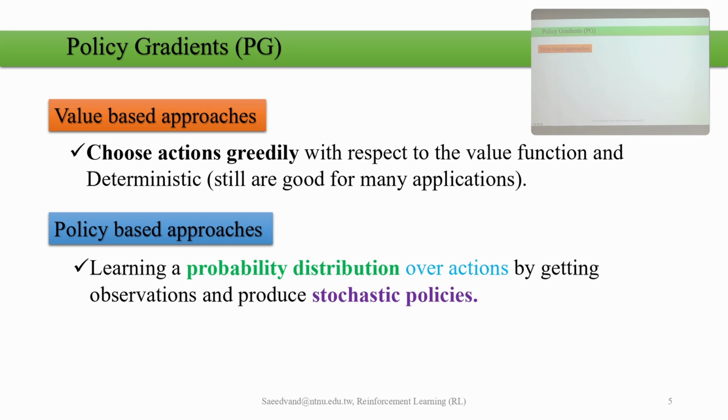So in value-based approaches, what we were doing was choosing actions greedily. We were calculating values first of all. After calculating values, we were choosing the action that can maximize the reward.